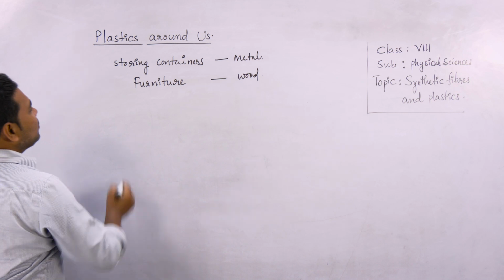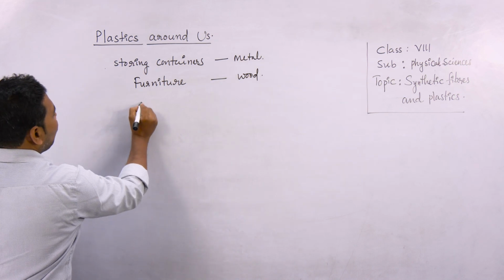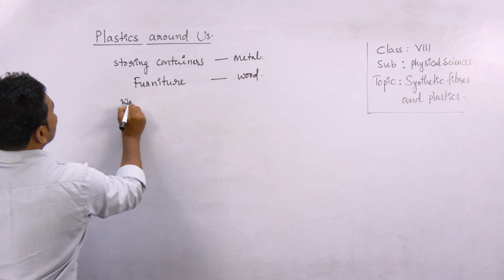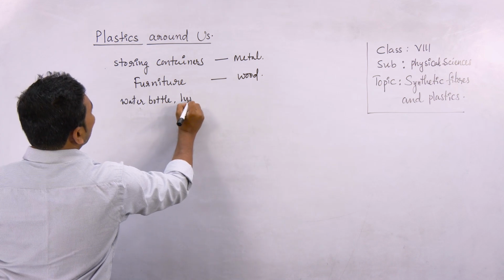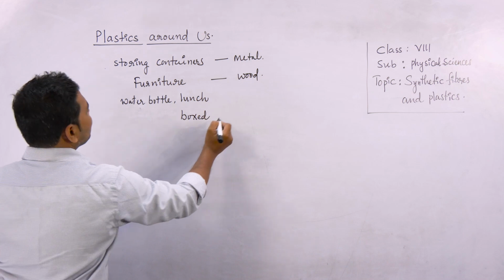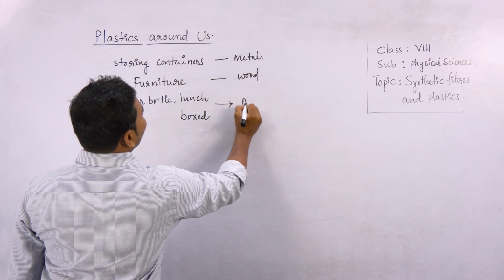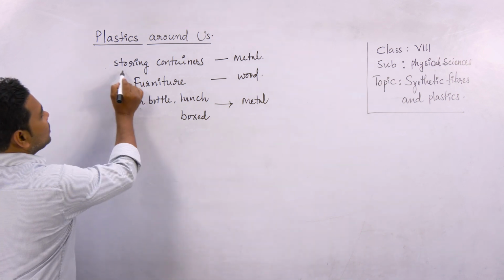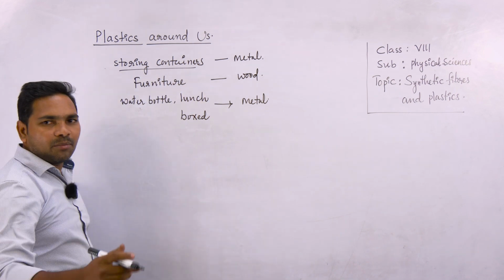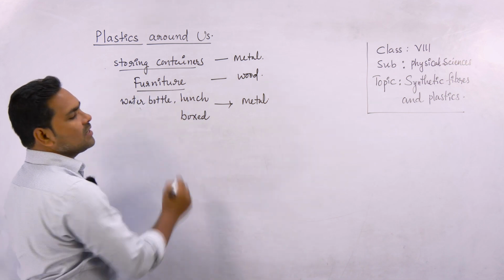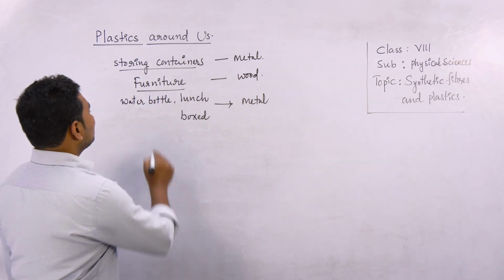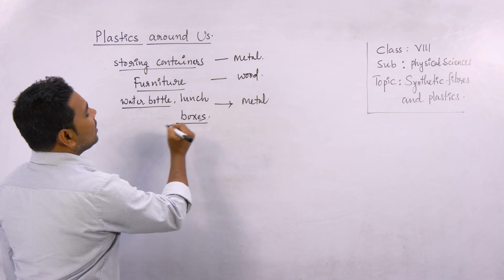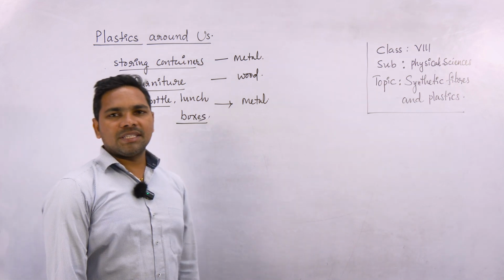Now, for example, water bottles, utensils, lunch boxes, storing containers, they were made of metal. But nowadays storing containers are made of plastic, furniture is made of plastics, water bottles, lunch boxes, all are made of plastics.